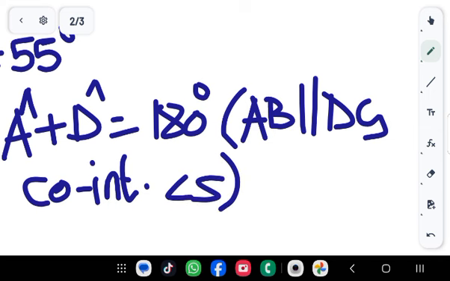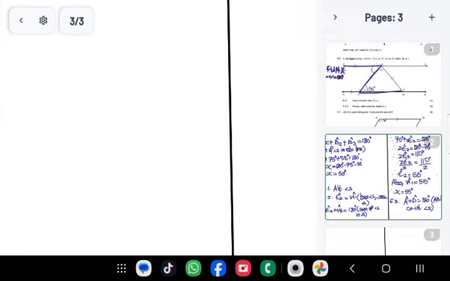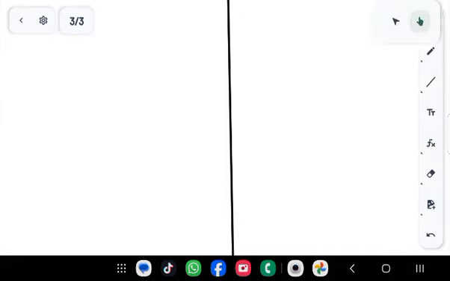Co-interior angles add up to 180 degrees. Now what we do is we add those two together.